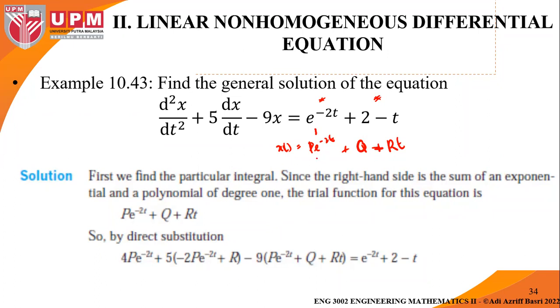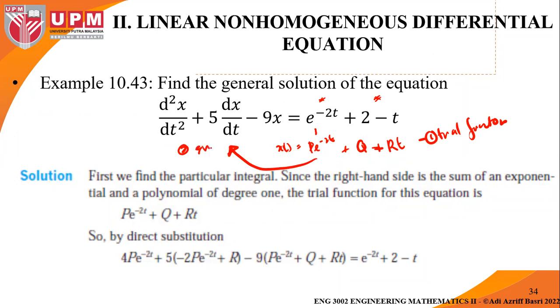You need to put this in terms of the steps like previously. First find the trial function. Second, we need to find the main equation.